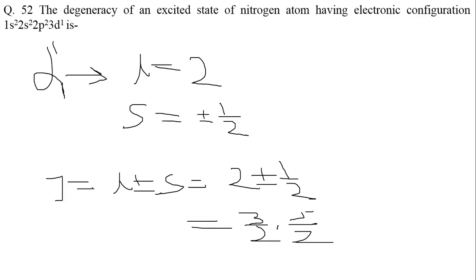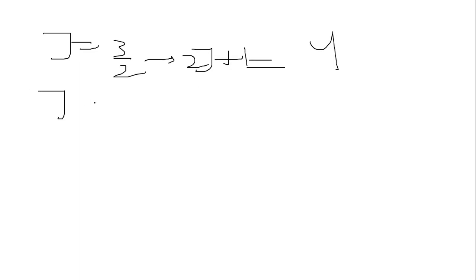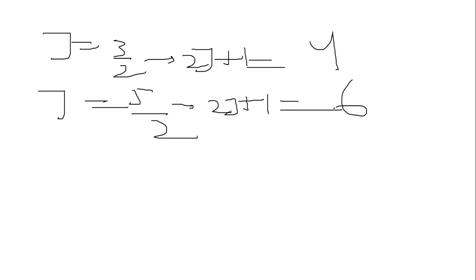So since J is 3 by 2 and 5 by 2, the degeneracy will be how much? For j equals 3 by 2, 2j plus 1 will be 4, and for j equals 5 by 2, 2j plus 1 will be 6. So total degeneracy will be 10.